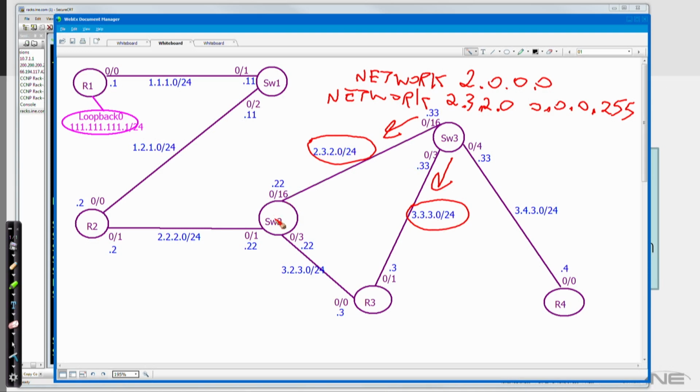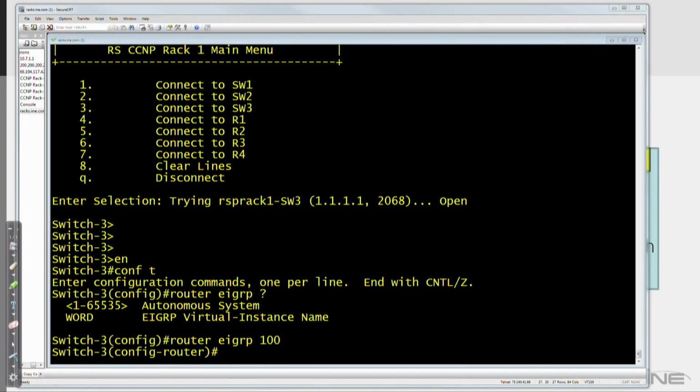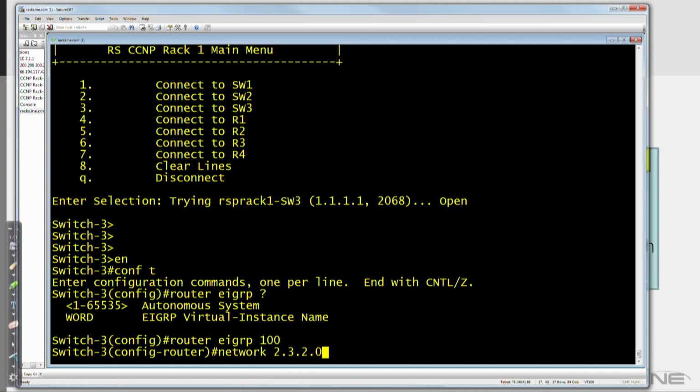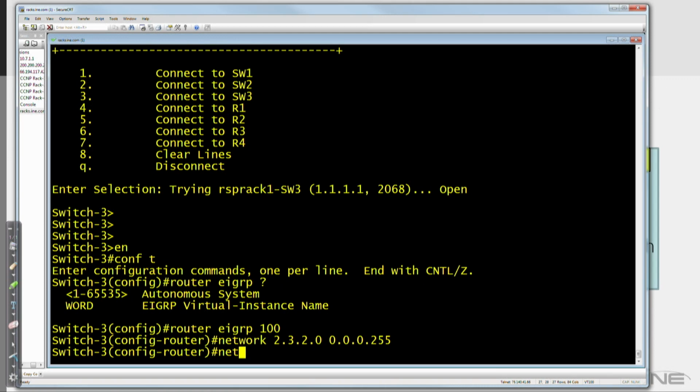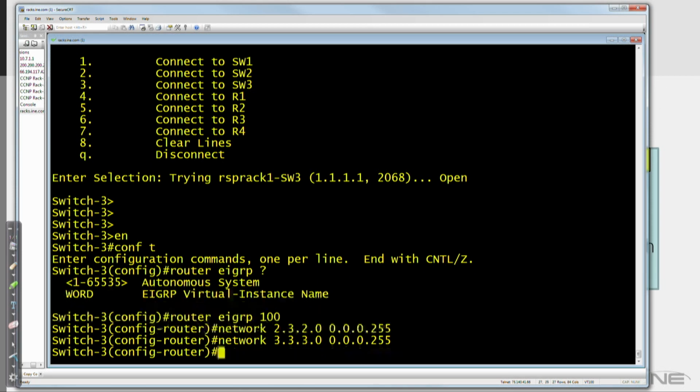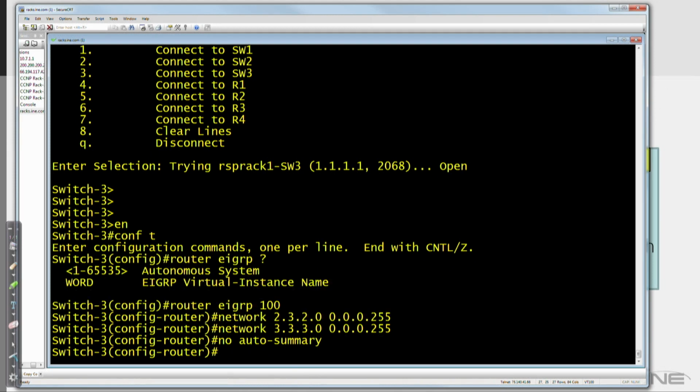And I'm going to do that on switch 2 and router 3 as well. So here we go. I'm going to type network 2.3.2.0 and then the appropriate wildcard mask, and then network 3.3.3.0 and the appropriate wildcard mask. And I'm also going to type this command no auto-summary. In a lot of the newer Cisco IOS, this is actually the default command.